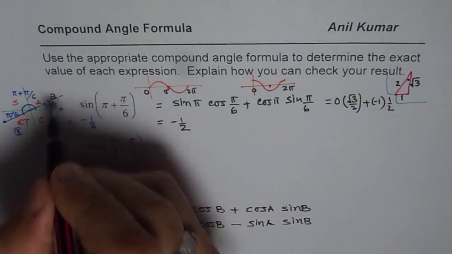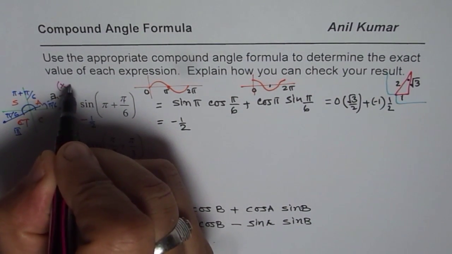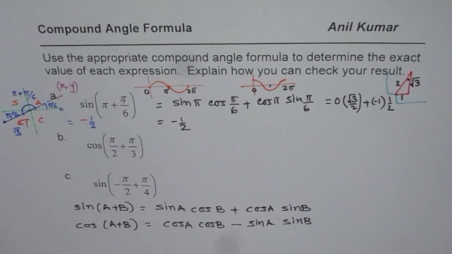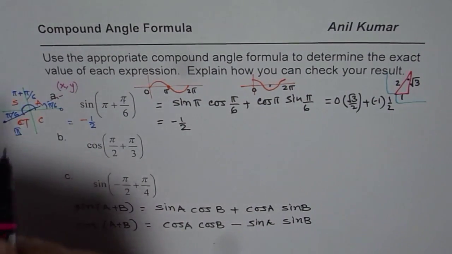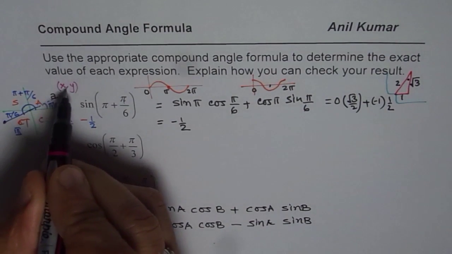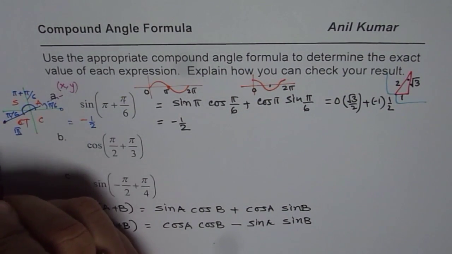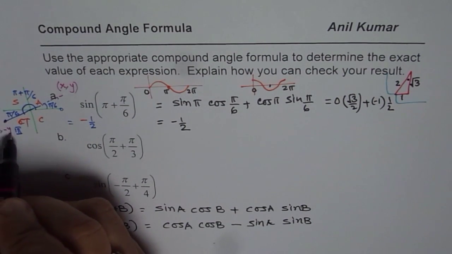The other way is you can use transformations. If there is any angle x, with coordinate point x and y here, you can consider a unit circle. In that case, in quadrant 3, these values will change, right? X is getting reflected, so we get minus x and minus y.